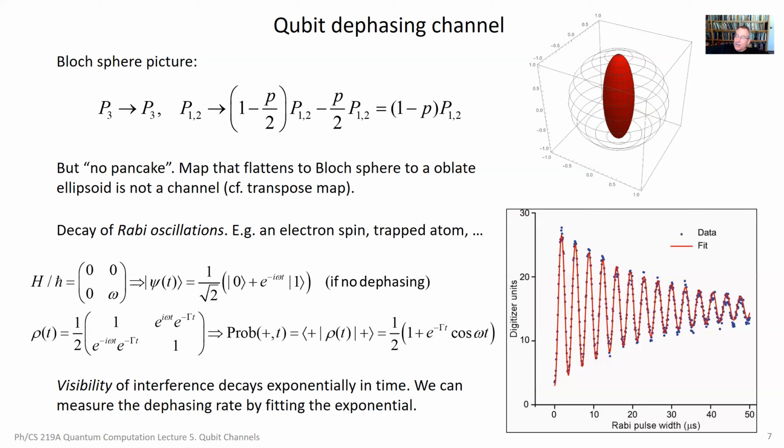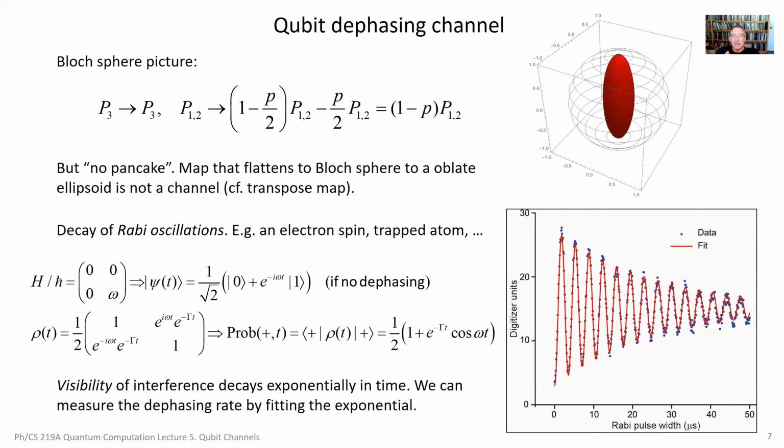And as the time gets longer and longer, if I think of the channel that I just described in which the dephasing event occurs over and over again, it will shrink to a narrower and narrower ellipsoid, eventually asymptotically occupying the z-axis, where the 1 and 2 components of the polarization have been completely eliminated, but the z component is unaffected.